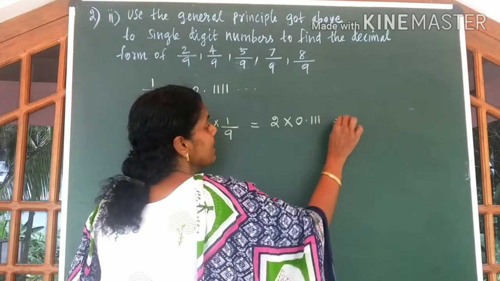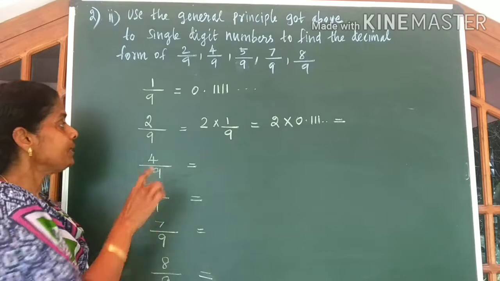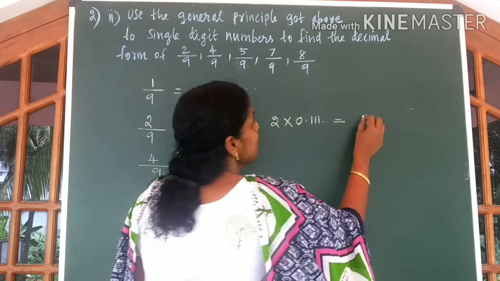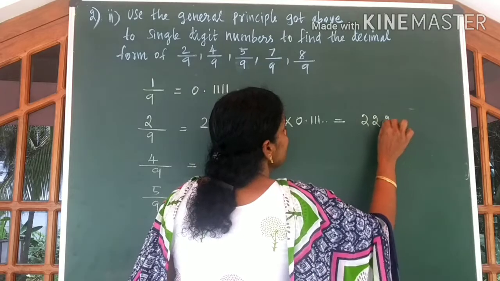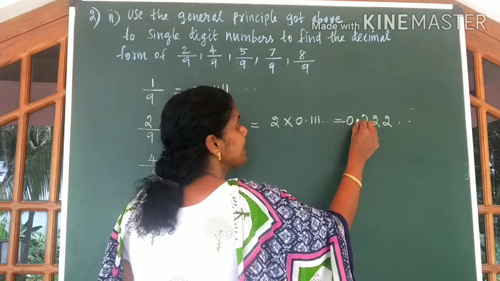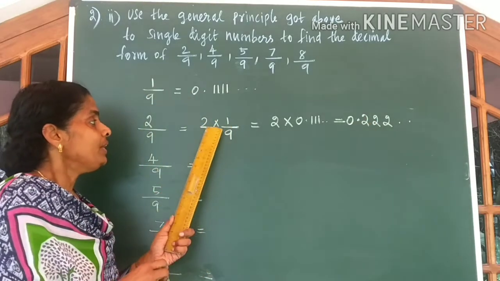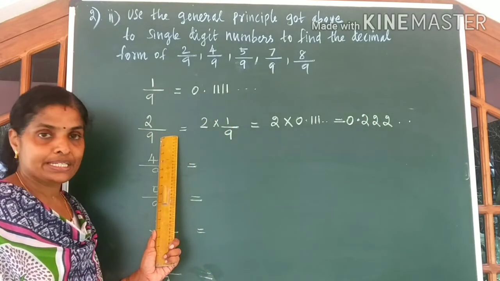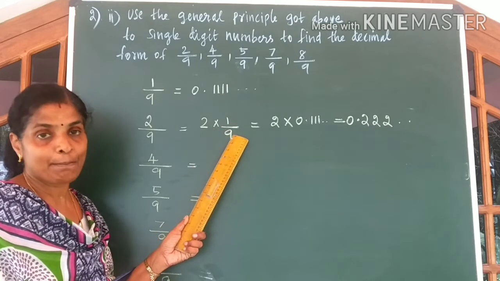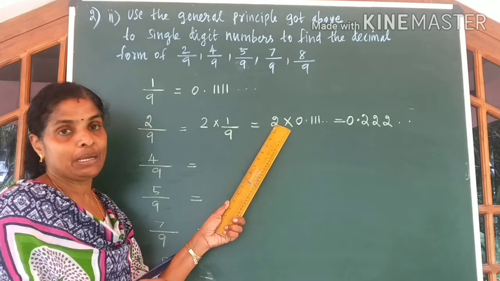0.111, etc. So the decimal form of 2 by 9 would be 0.222, etc. with your decimal point before the number. 2 is taken outside and the decimal form of 1 by 9 is multiplied by 2.